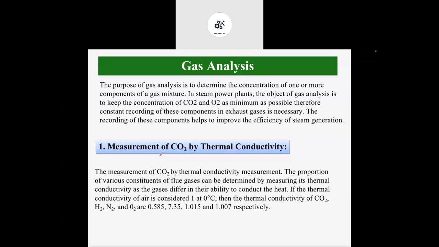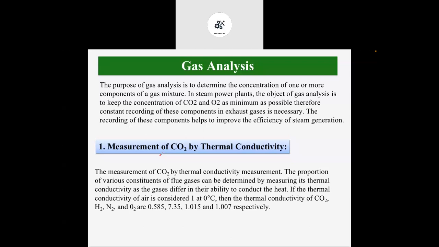Also, the release of carbon dioxide matters, because carbon dioxide has a very high greenhouse potential. Okay, so because of that, we have to treat the flue gases before releasing them into the atmosphere.